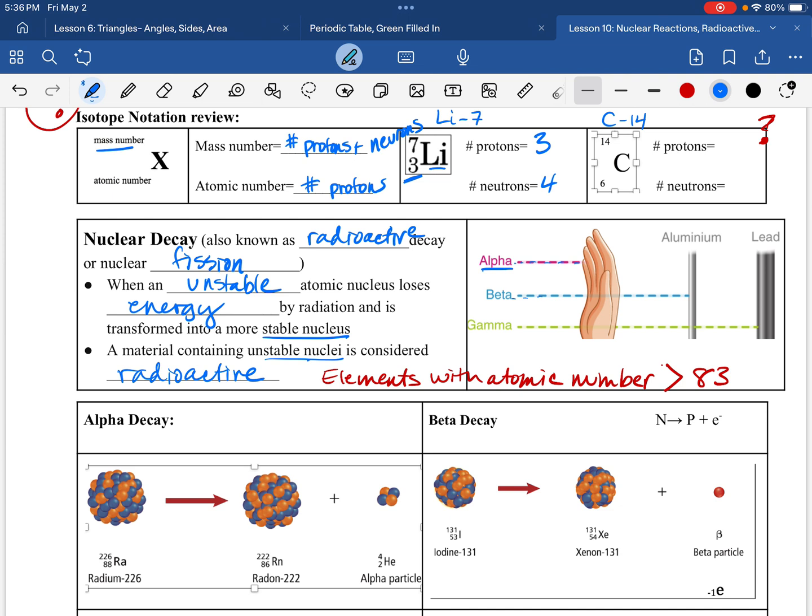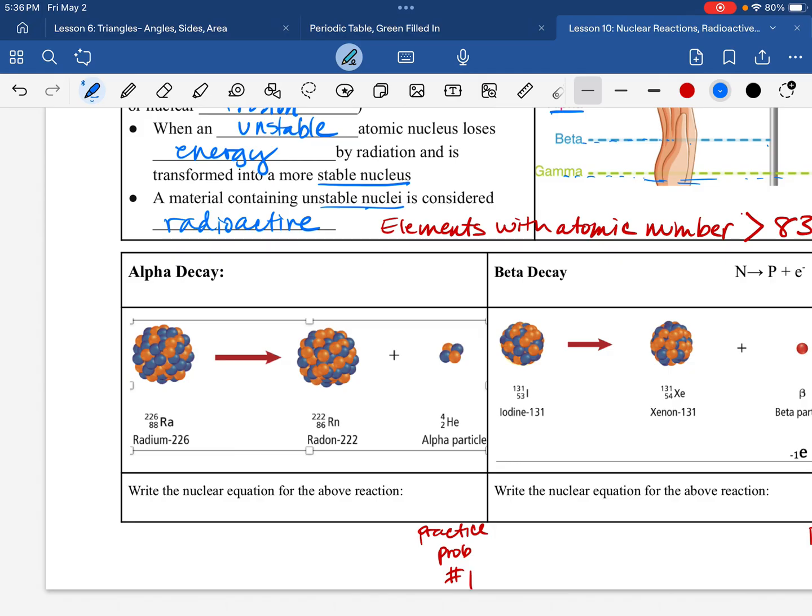A beta particle can, so that can travel through our bodies and mess with our DNA and cause radiation poisoning, cancer, etc. Gamma radiation is very intense and can travel through humans and aluminum, but not lead.